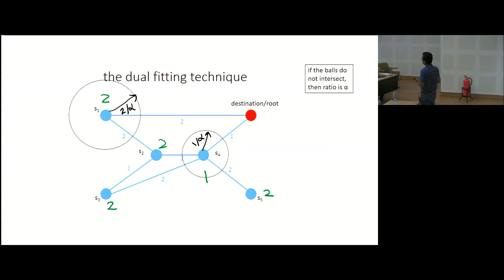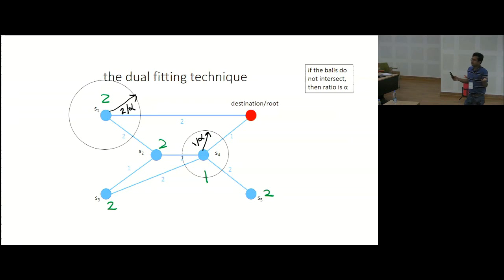Okay, why is this true? The main claim here is that the radii of the circles, the sum of these radii, defines a lower bound on the optimal cost. In particular, there cannot be a spanning tree in this graph, a tree that connects all the vertices, whose cost is less than the sum of these radii.